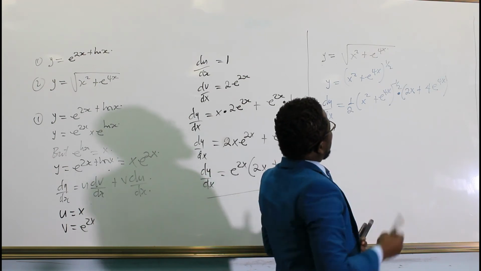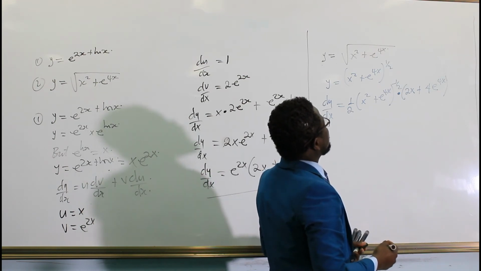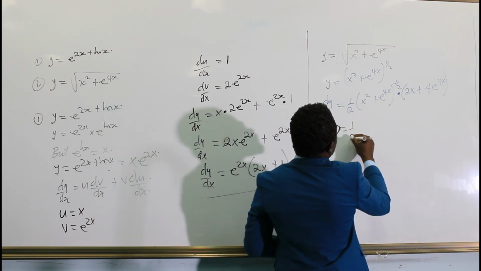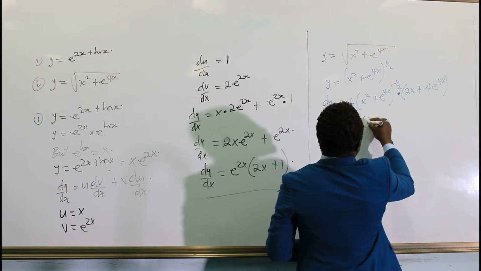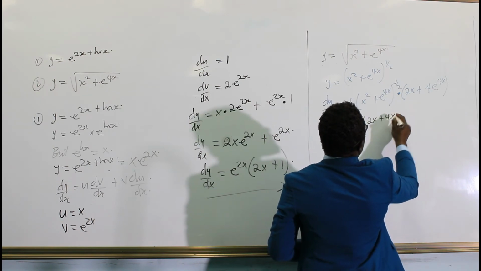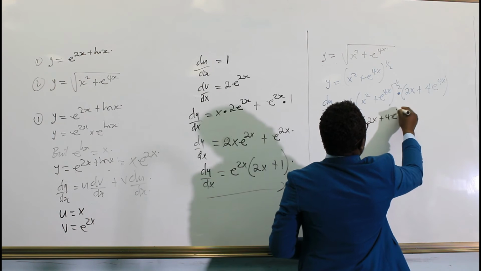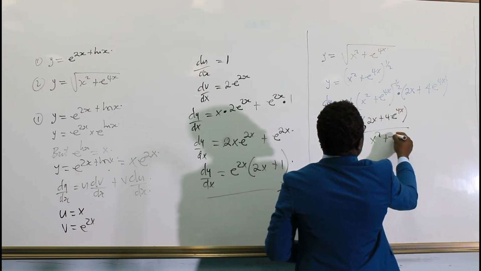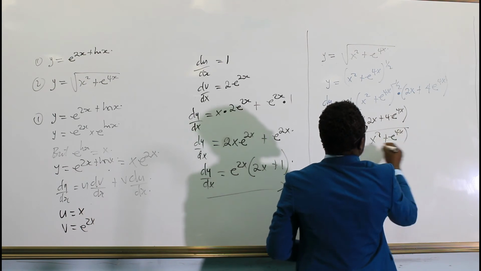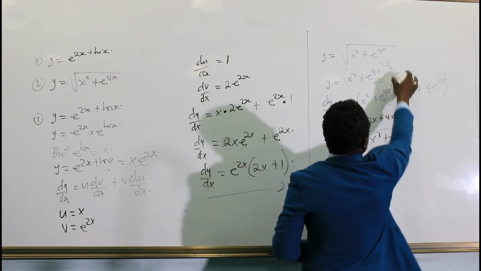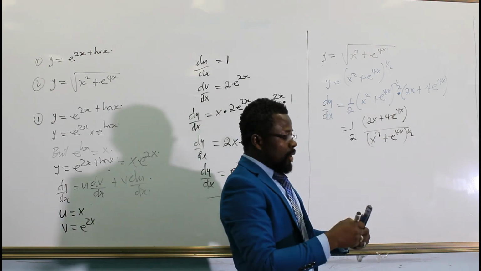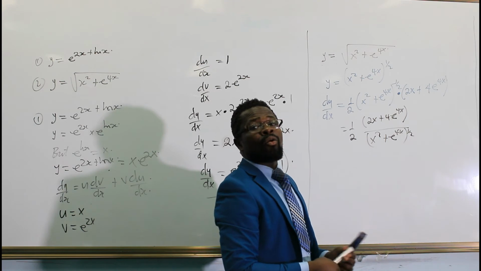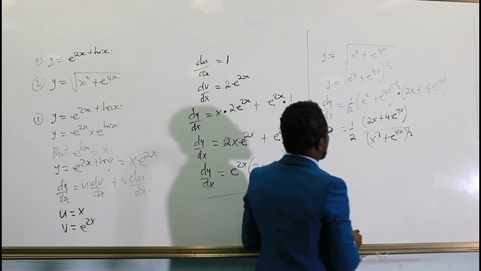Now we need to simplify. This can be written as 1/2 times 2x plus 4e exponent 4x, divided by x squared plus e exponent 4x to the positive exponent 1/2. So we've changed the negative exponent into a positive exponent.